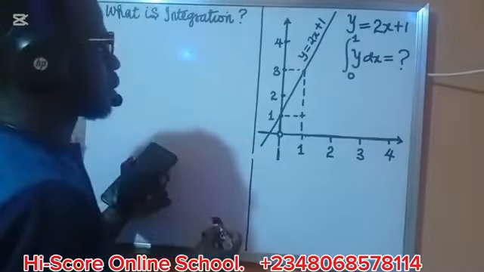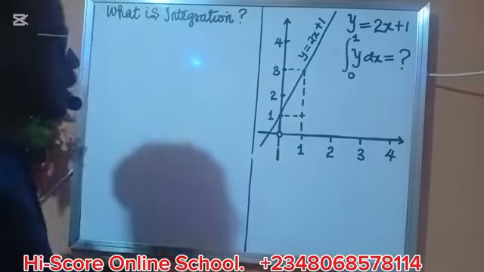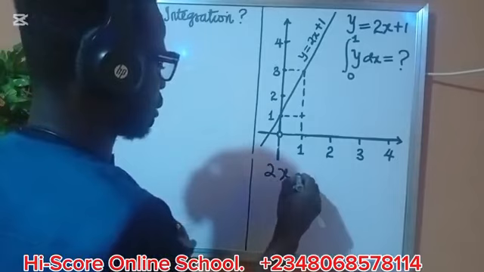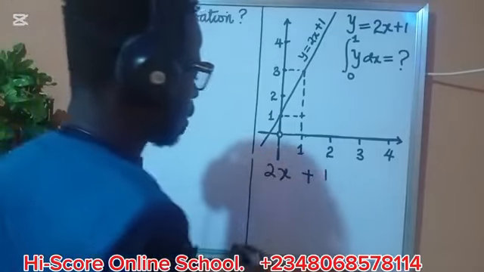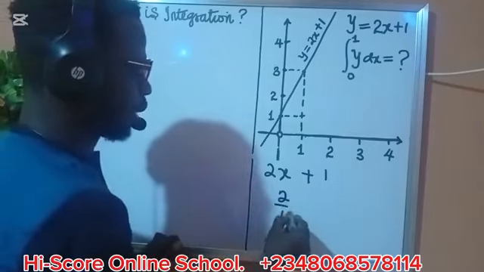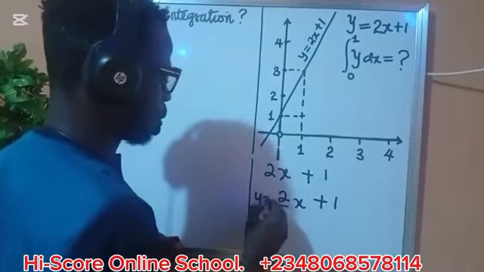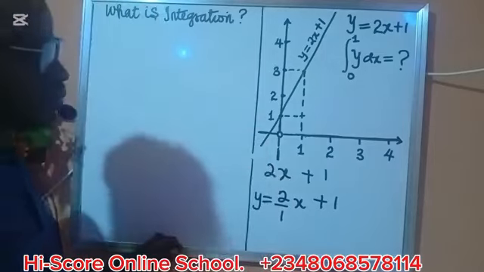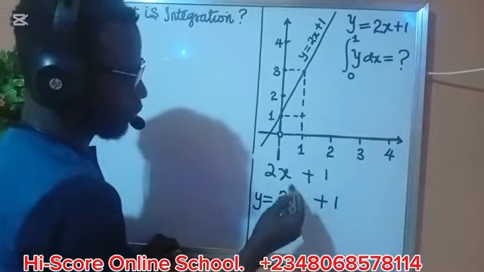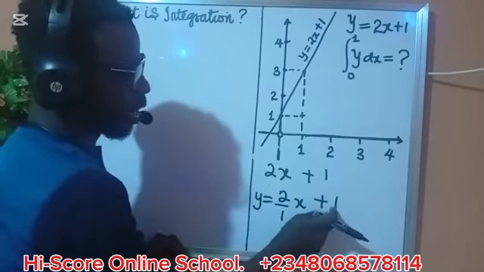We know that 2x plus 1 can be written as 2 over 1 x plus 1. That means that the slope of this line is 2 over 1, and the intercept on the y-axis is 1.